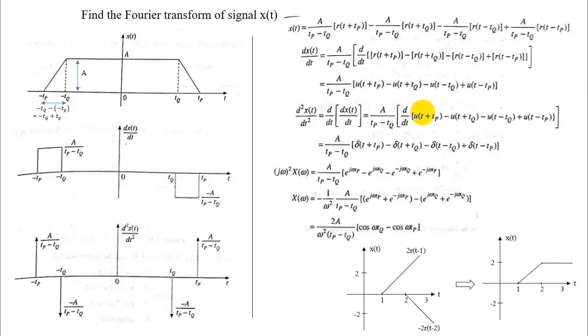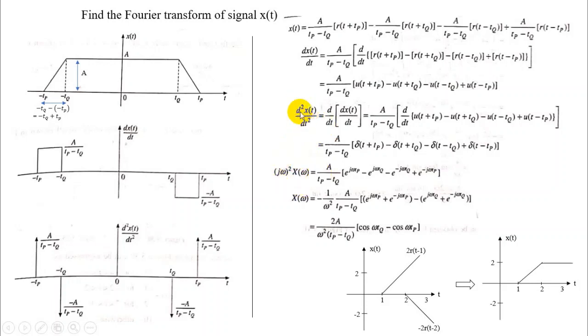As you know, for the Fourier transform of a differentiation, you just need to put j omega with the order of differentiation. Here it is second order differentiation, so j omega would be raised to the second power, and the Fourier transform of x(t) is given by X(omega).